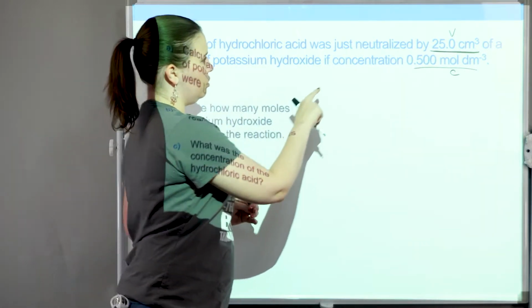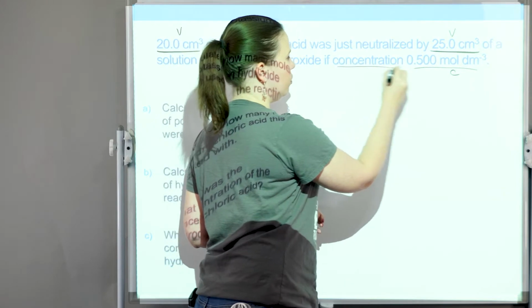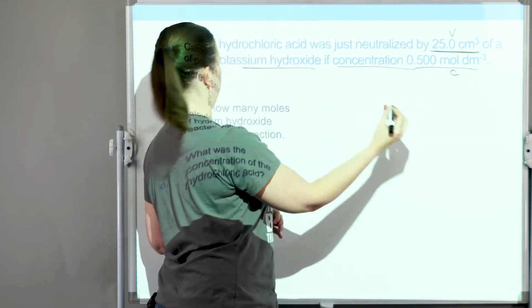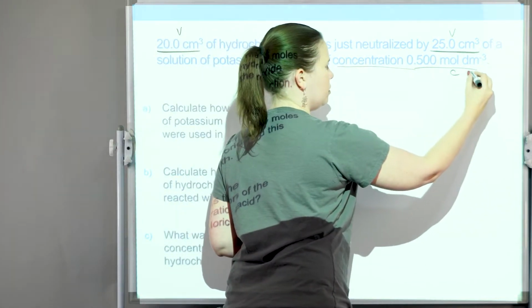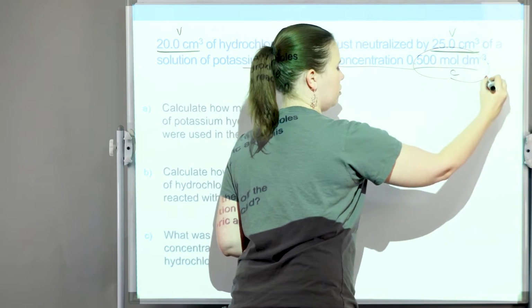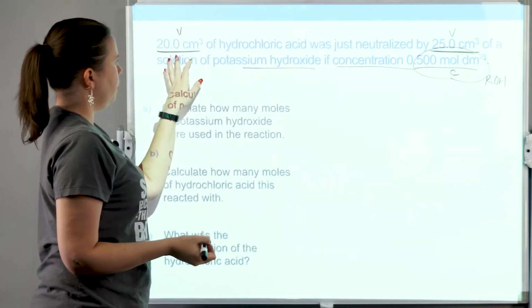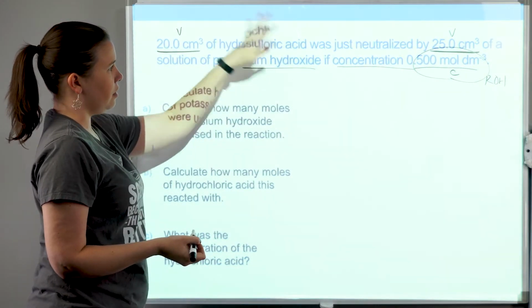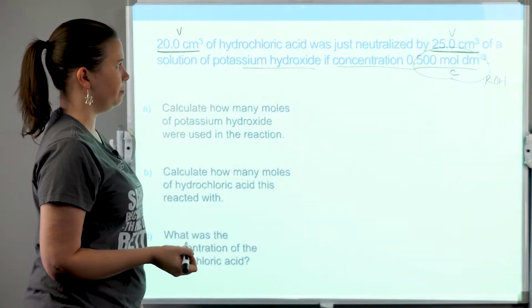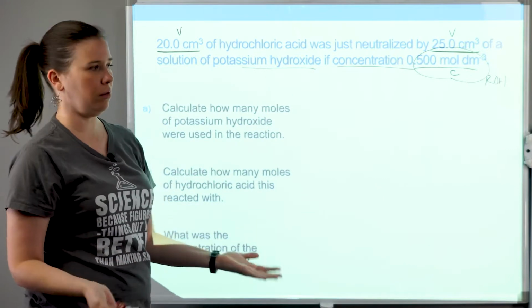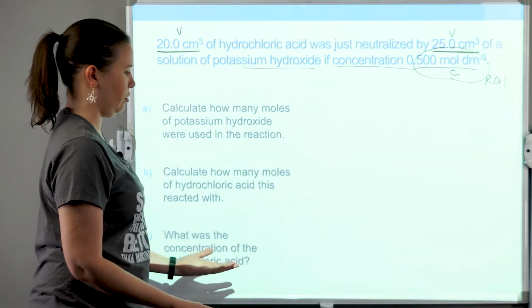The titrant will always be the one where we know the concentration. So here that is the potassium hydroxide. This is the concentration of the KOH. Whereas the volume given for the hydrochloric acid doesn't come with a concentration, so we know that that's our solution that we're trying to standardize.